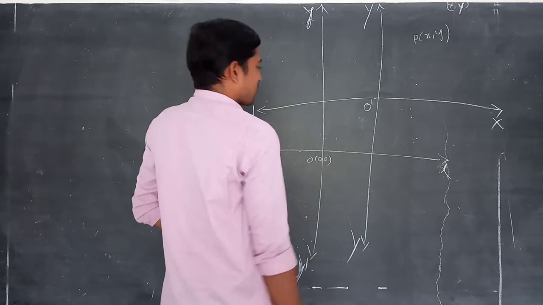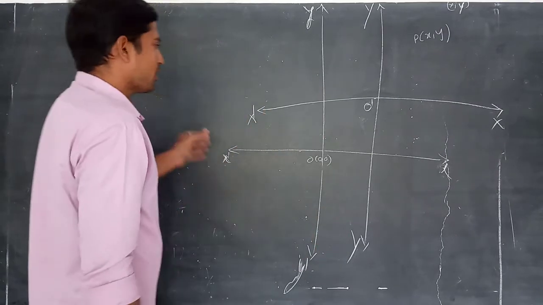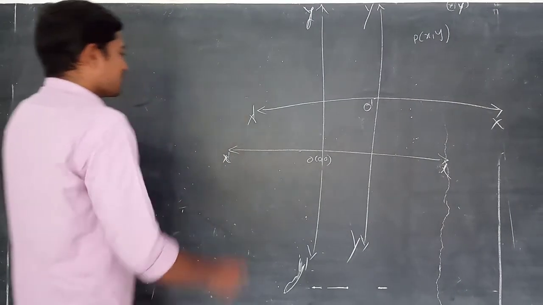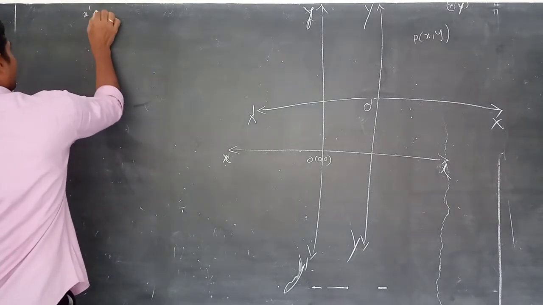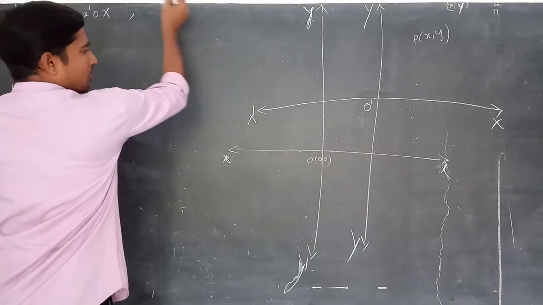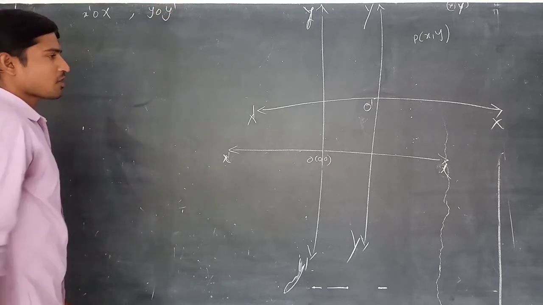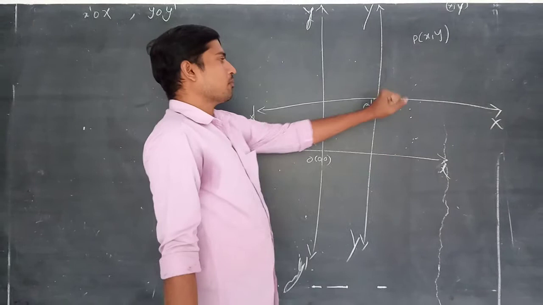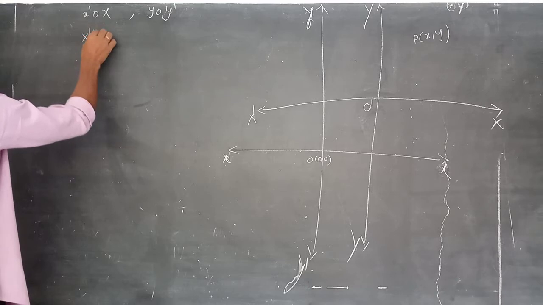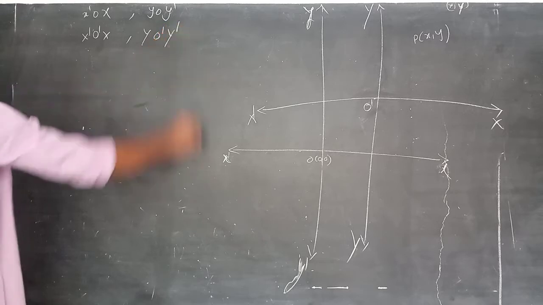So now the representation of the old axes and new axes. The old axes can be represented as x dash o x and y o y dash, and the new axes as x dash o dash x and y o y dash, right?